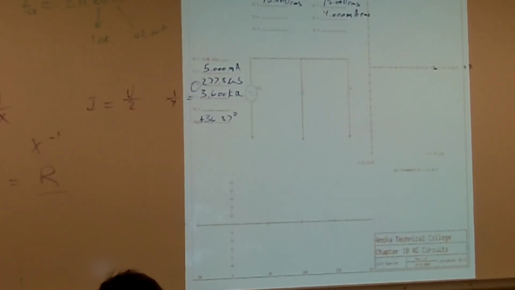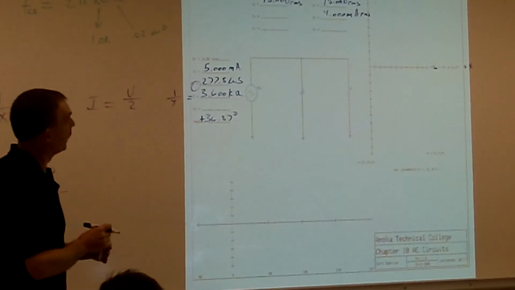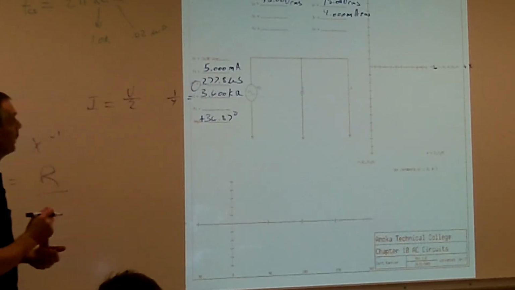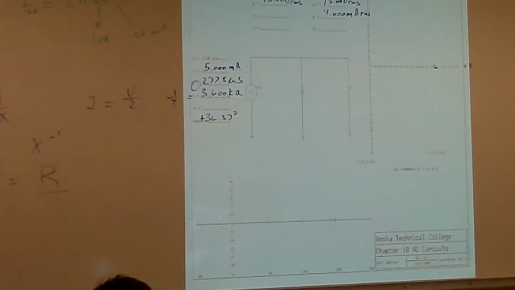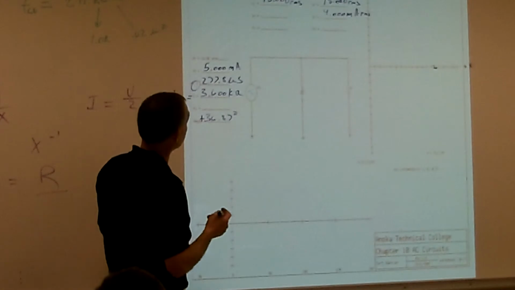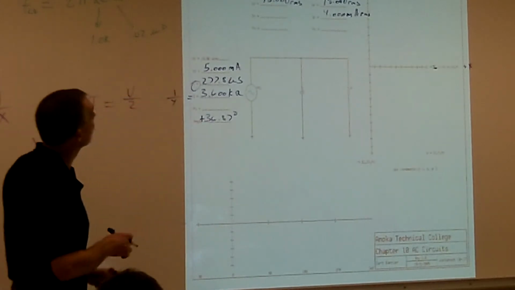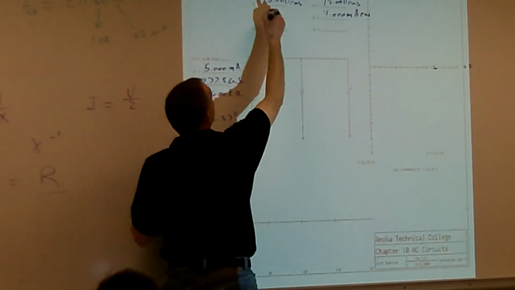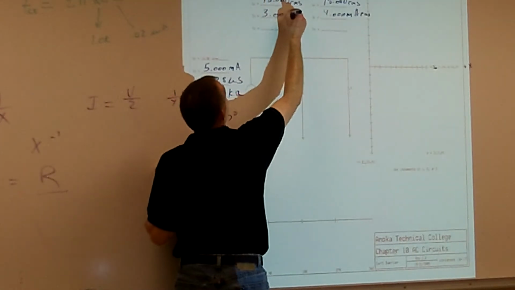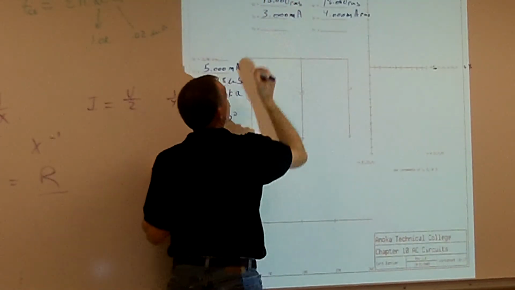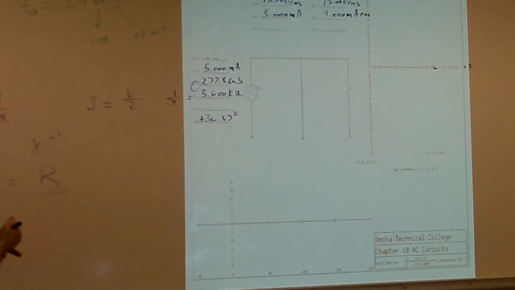Okay, and then what do you get for IC? If you just hit your second XY, you're going to get your second one, which is the current of your capacitor. So what do you get for that current? 3 milliamps RMS. Okay?